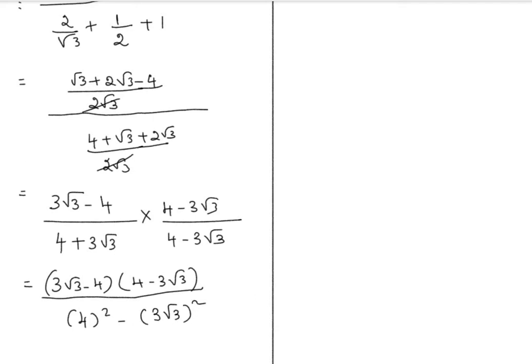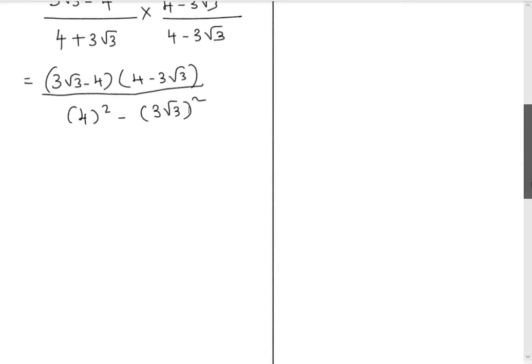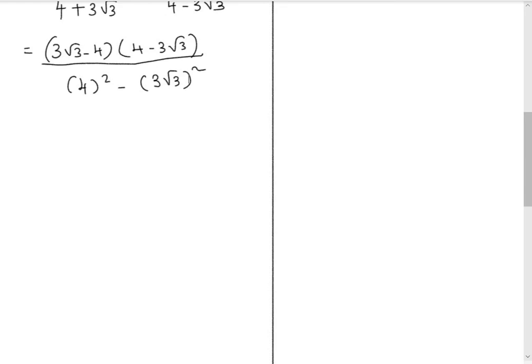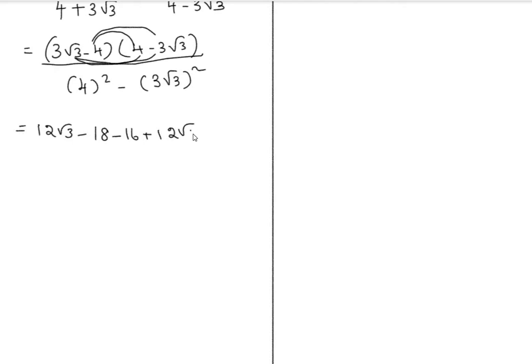Okay, and the next step is 3 root 3 into 4 is 12 root 3. Same like that, minus 4 into 4 is minus 16. Minus 4 into minus 3 root 3 is plus 12 root 3.